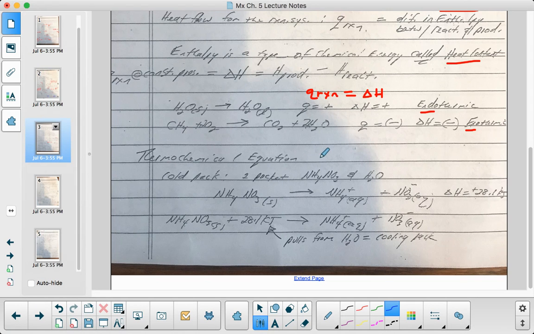One pocket has ammonium nitrate, the other pocket has water. And when those two come in contact with each other, ammonium ions and nitrate ions are released. In that process, energy is absorbed from the surroundings, making the delta H a positive value, endothermic absorption of energy.